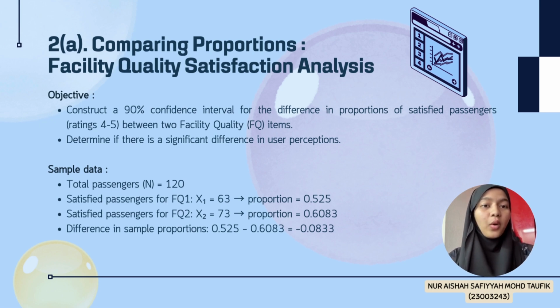Out of the 120 passengers, 63 were satisfied with facility quality 1, which gives a sample proportion of 0.525, while for facility quality 2, 73 passengers were satisfied, resulting in a proportion of 0.6083. So the difference in the sample proportion we got was negative 0.0833.